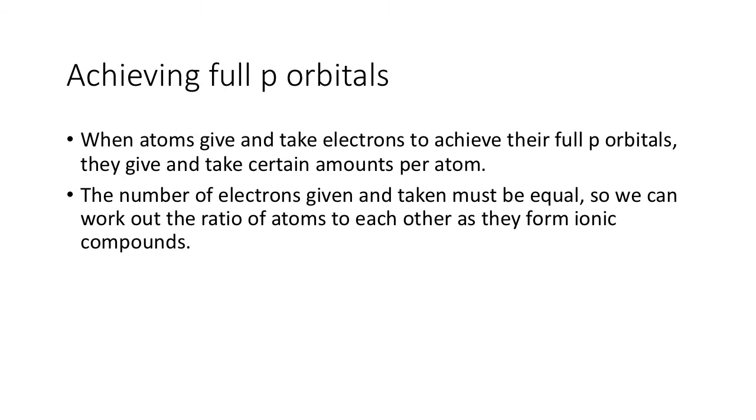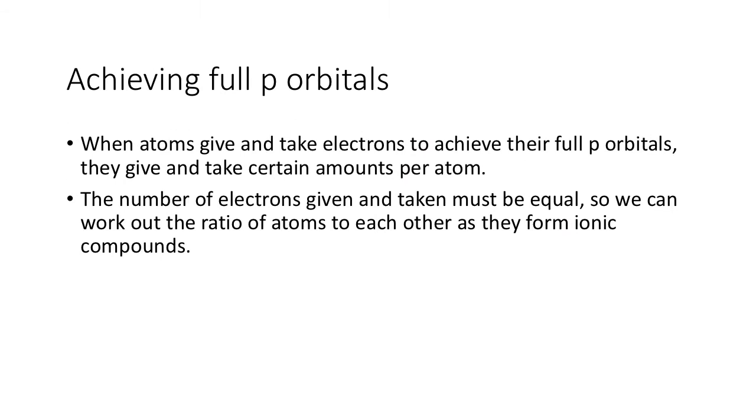Again, from last video, when atoms give and take electrons to achieve their full p orbitals, because that's the goal, they give and take certain amounts per atom. Depending on what type of atom it is, they'll give and take a certain amount of electrons.